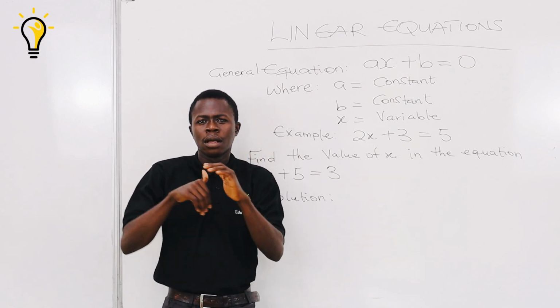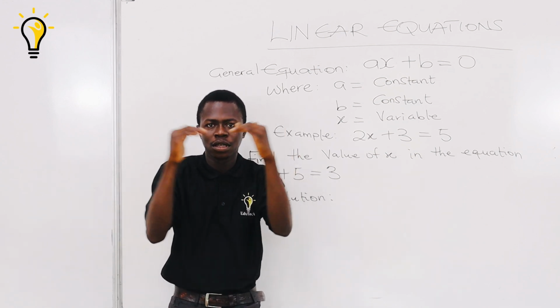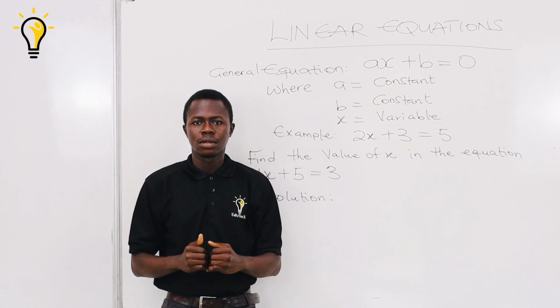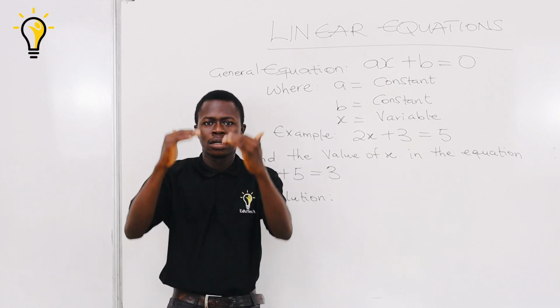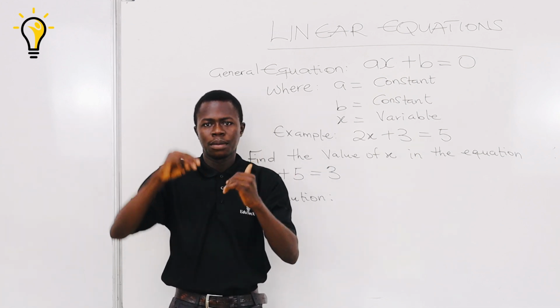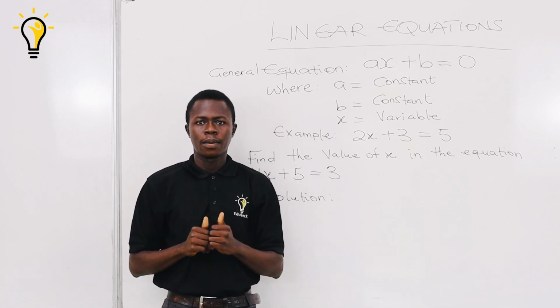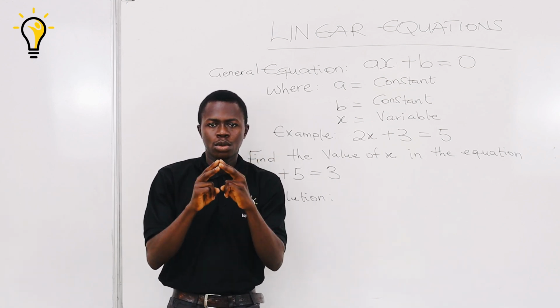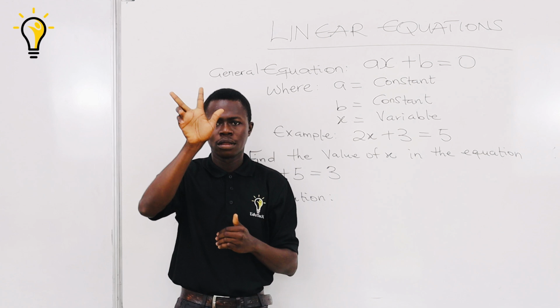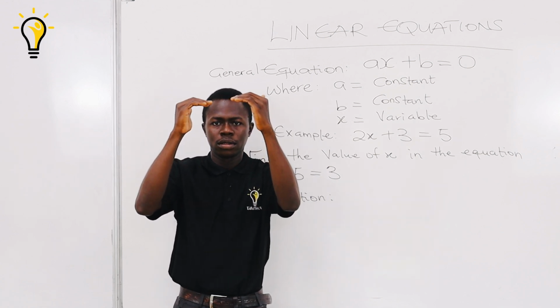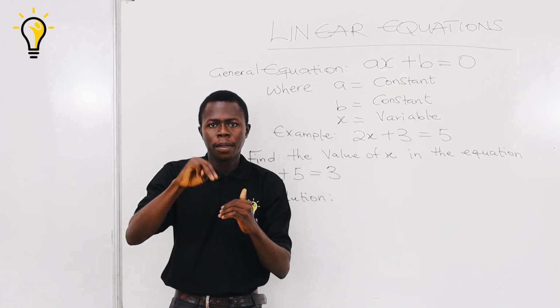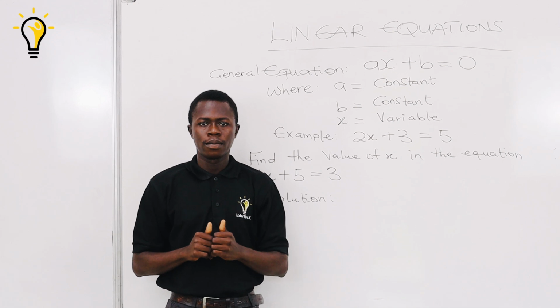Now the second item, how do we solve simple linear equations? We have some steps we need to follow. We have 3 steps that will help us to solve simple linear equations.